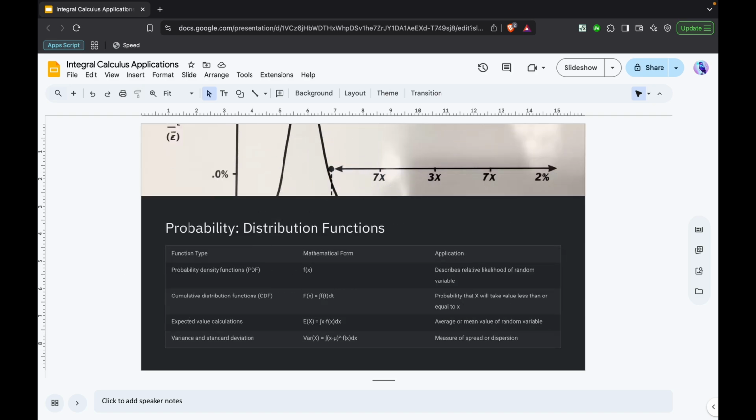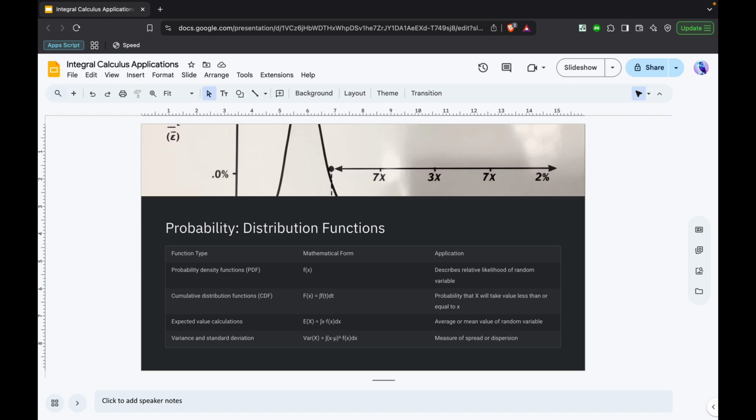Another, more pure math application is probability, and the thing we're talking about in probability is distribution functions. There are 4 function types: PDFs, CDFs, expected values, and variance and standard deviation functions. For the first one, the PDF, we're basically just using a basic function, f of x. Now, cumulative functions: f of t dt, and you integrate that to get capital F of x.